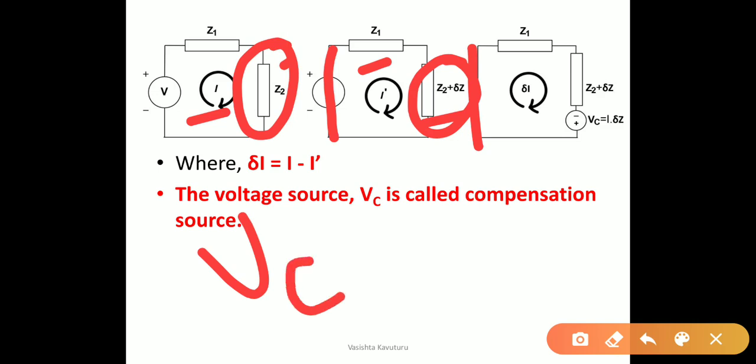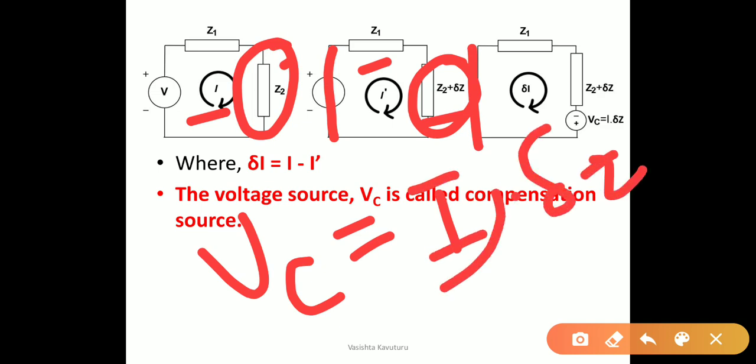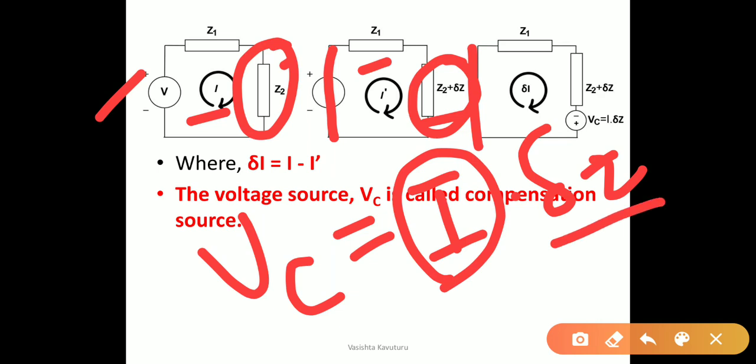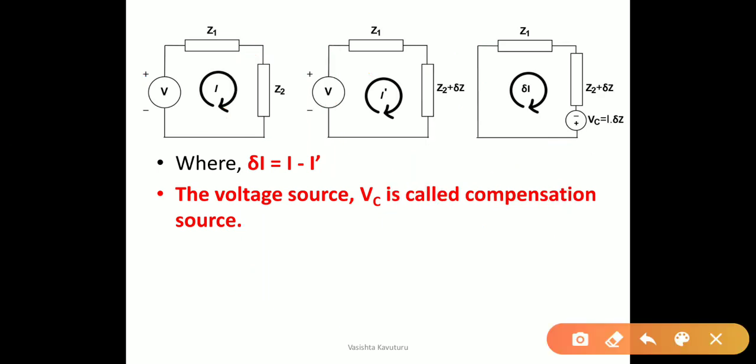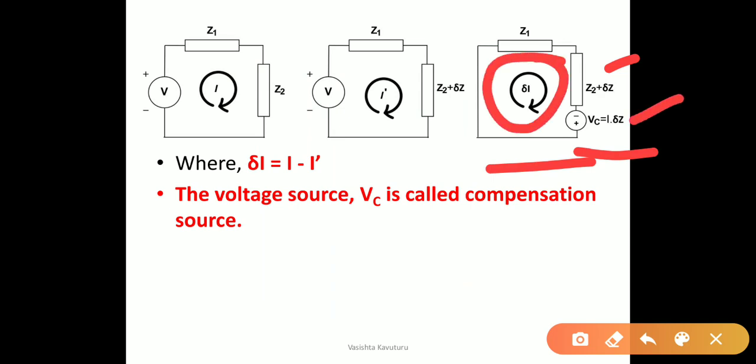This Vc is called the compensation source, whose value is nothing but I times ∂Z, where I is the original current in the given network and ∂Z is the amount of impedance added to the existing impedance. This Vc, the compensation source, is added to the modified impedance branch as shown in the figure. Upon adding this compensation source, del I, the change in current, is calculated from the circuit by the formula.